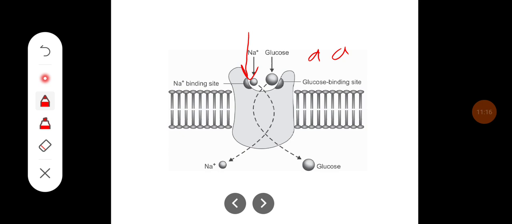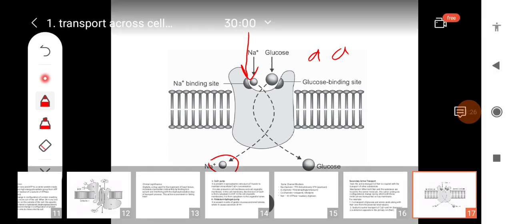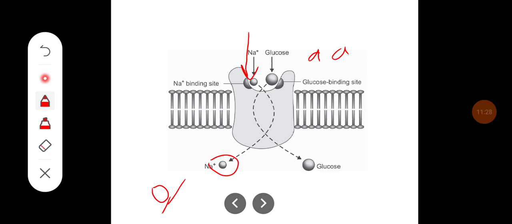So the movement of sodium occurs mainly because of the concentration gradient created for the sodium because of the sodium potassium pump activity at the basolateral membrane, which is going to pump 3 sodium ions out and bring 2 potassium inside. Okay. So that is going to create the concentration gradient for the sodium.